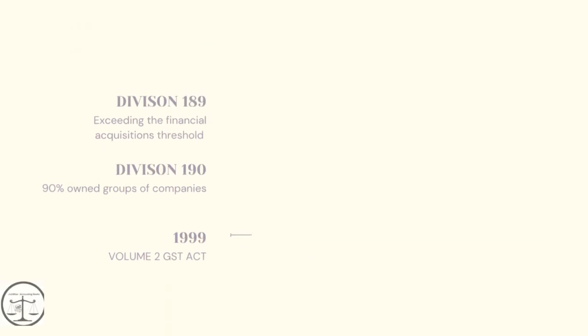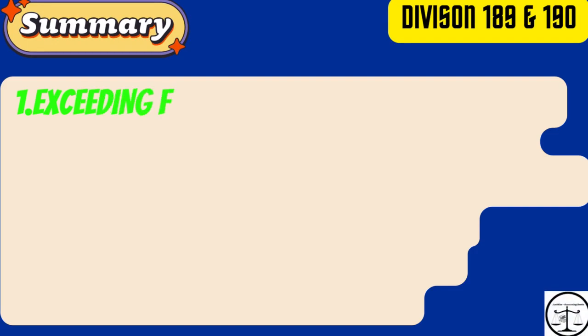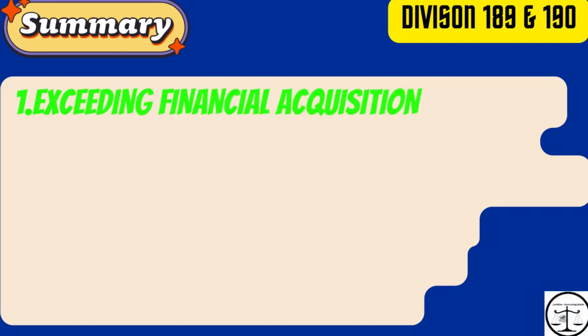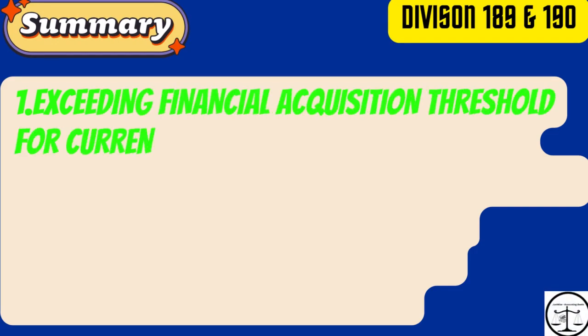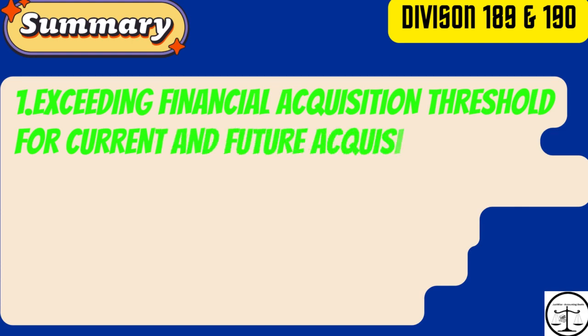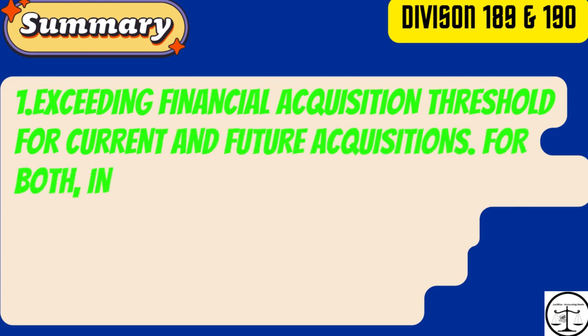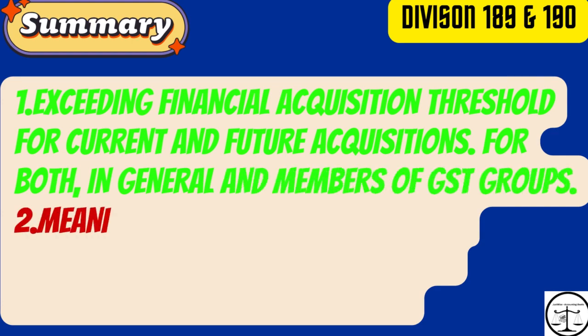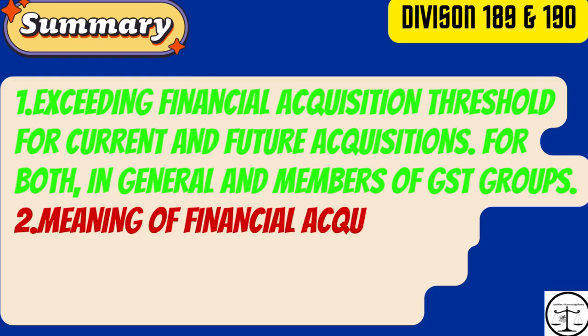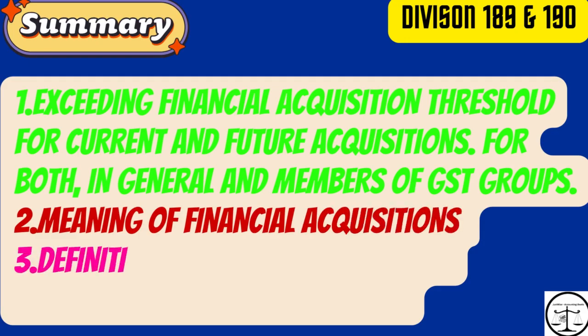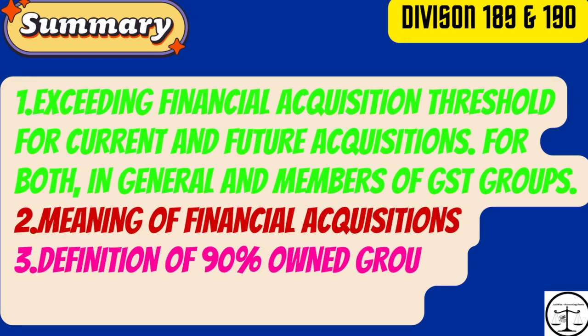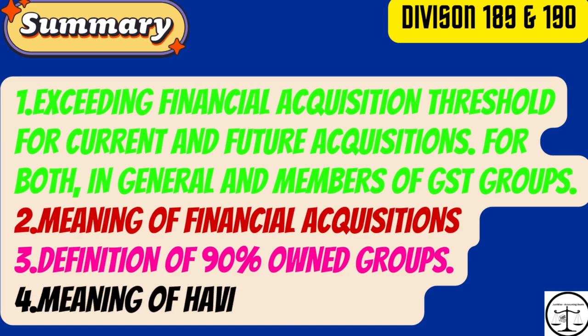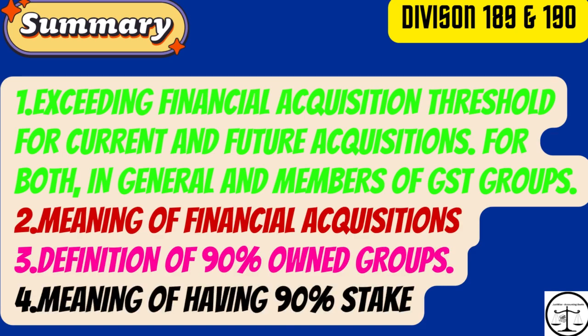In summary, friends, we have learned 1. Exceeding financial acquisition threshold for current and future acquisitions, for both, in general, and members of GST groups. 2. Meaning of financial acquisitions. 3. Definition of 90% owned groups. 4. Meaning of having 90% stake.